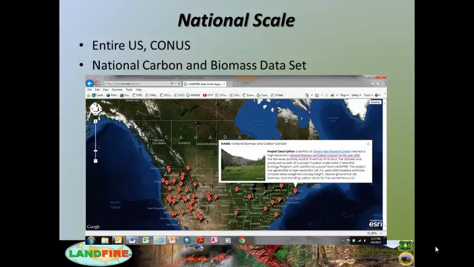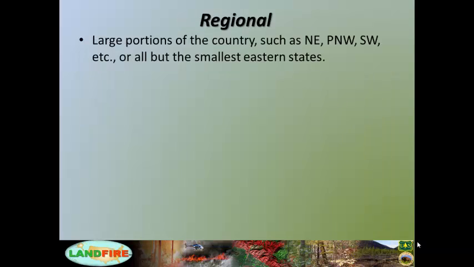To really understand this application and the others, if you click on that balloon, a dialog box will open up that includes a short description of the application, a link, and a photograph. This is where you'll go to really delve into these applications and their scale and what they found in more detail. We'll find the link to this a little bit later in the presentation. So to find out more about the National Carbon and Biomass Dataset, you'll click on the balloon there in coastal Massachusetts where the Woods Hole Institute is located.